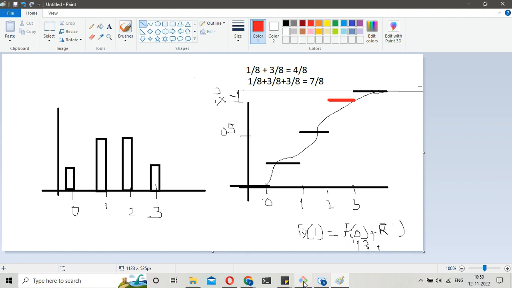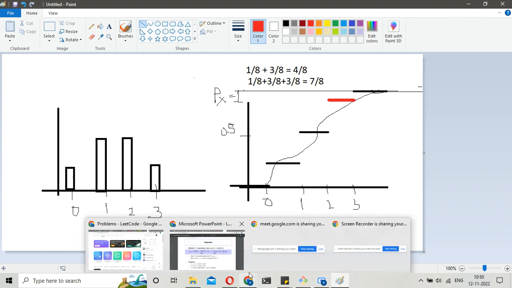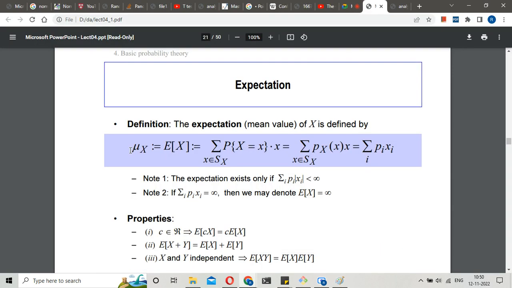That is represented by E of X, or mu of X also. This also has quite some significance. They have some properties. If you want to add two random variables, it will be similar to adding their expectations. And if they are independent, just multiply their expectations.